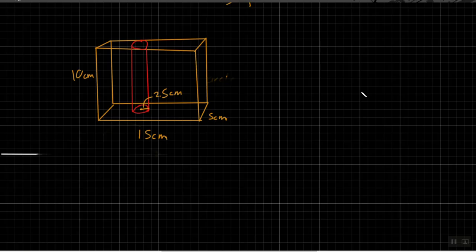Okay, find the volume of this one. So wait, we have to find this part first. 15 times... this one is base. 15 times 5. Okay, that's the volume of the cylinder.